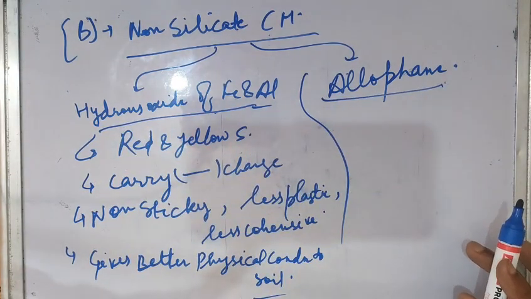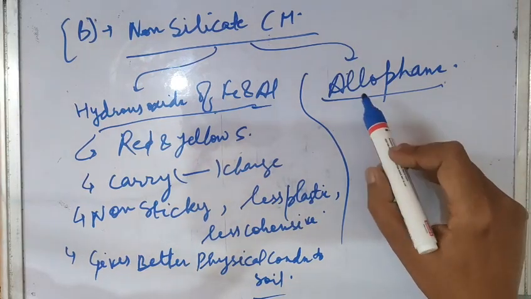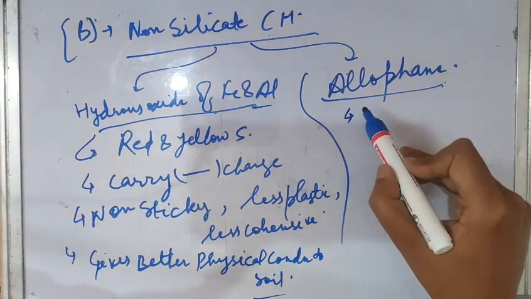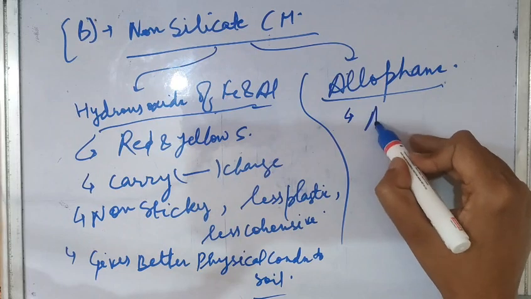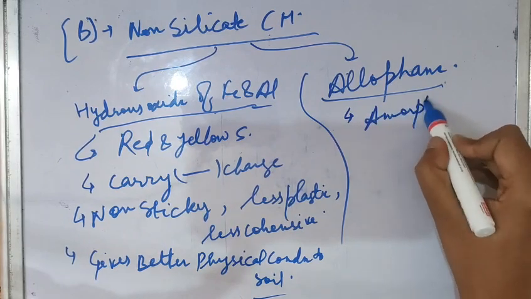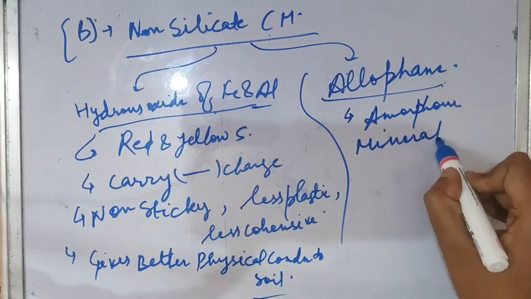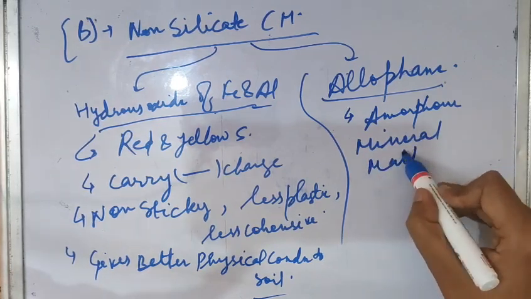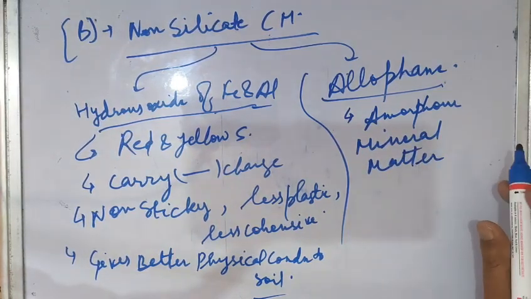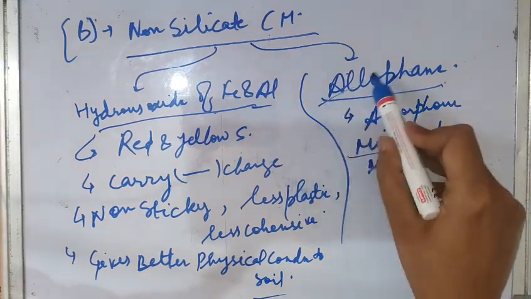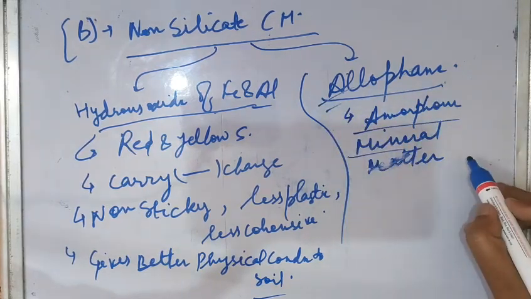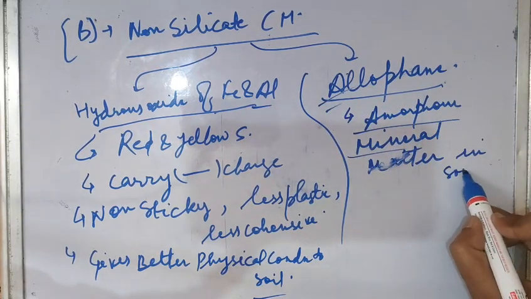Now what is allophane? These are the amorphous mineral matter in soil. I hope you all have heard about crystalline and amorphous. So allophane is amorphous mineral matter in soil.